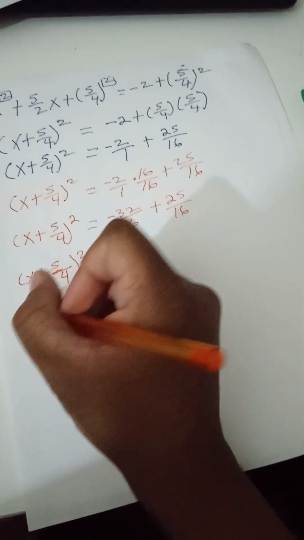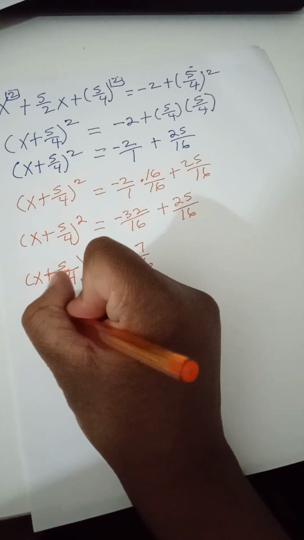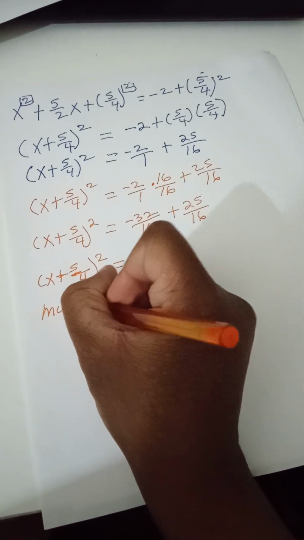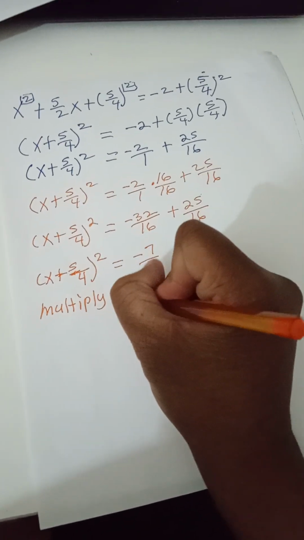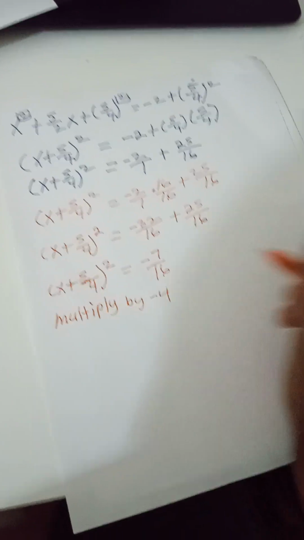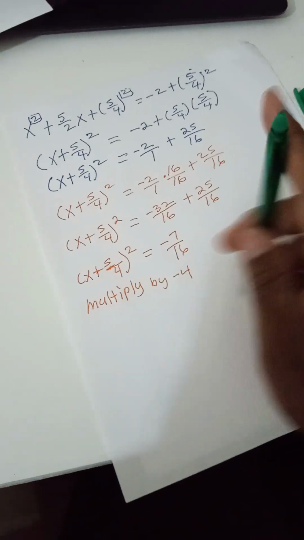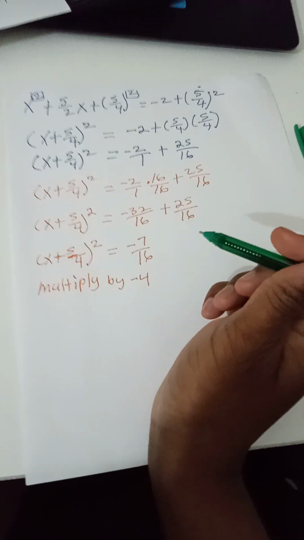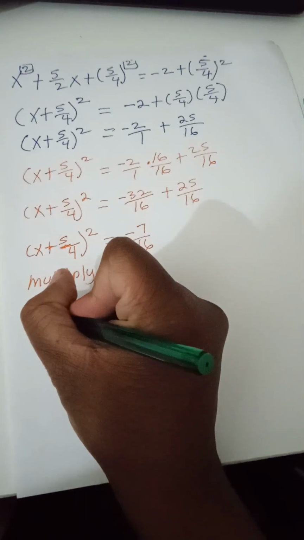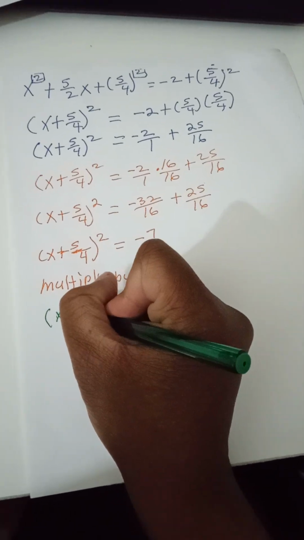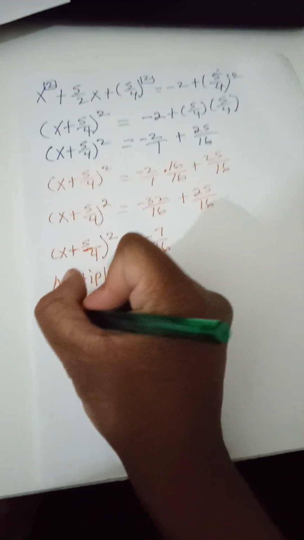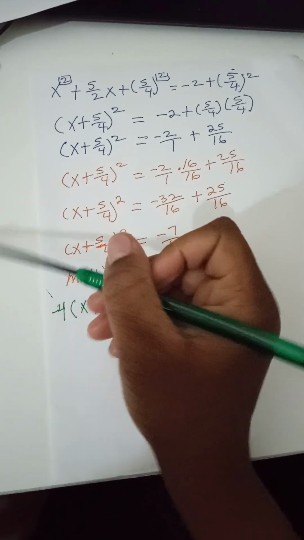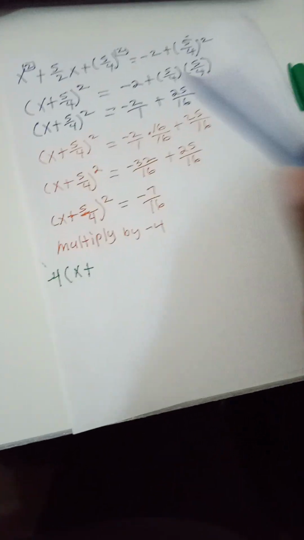Now we need to multiply both sides by -4 that we divided by at the beginning.